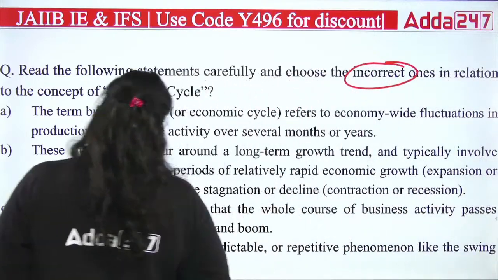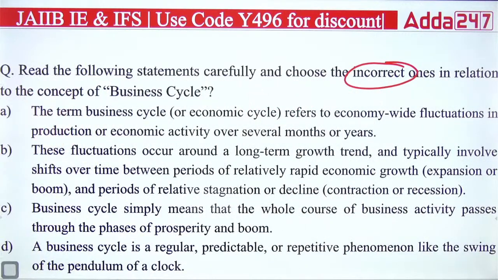First is saying the term business cycle or economic cycle refers to the economy-wide fluctuations in the production or economic activity over the several months or years. Second is saying these fluctuations occur around a long-term growth trend and typically involve shifts over time between periods of relatively rapid economic growth and periods of relative stagnation or decline. Third, business cycle simply means that the whole course of business activity passes through the phases of prosperity and boom.